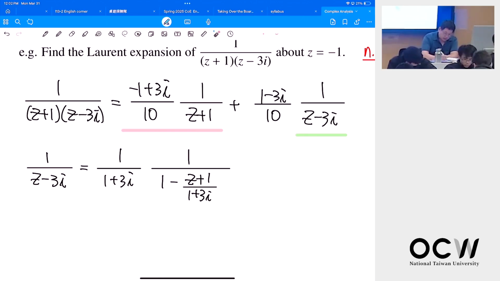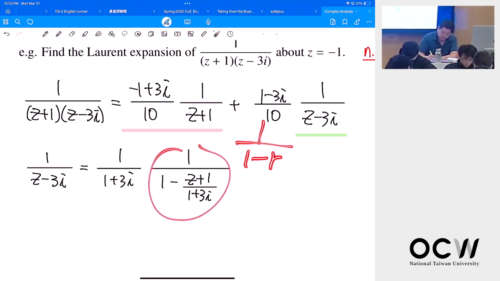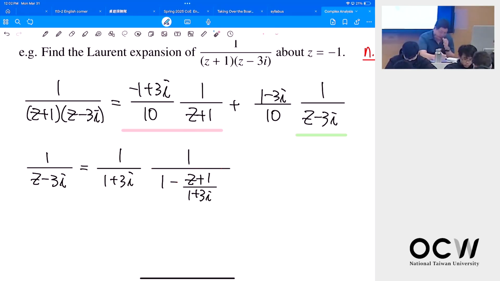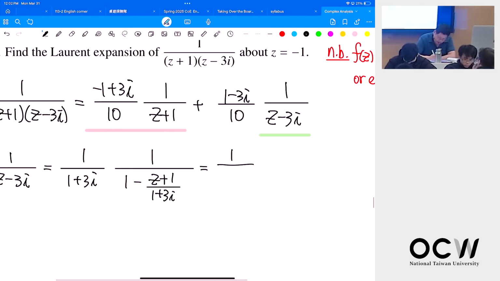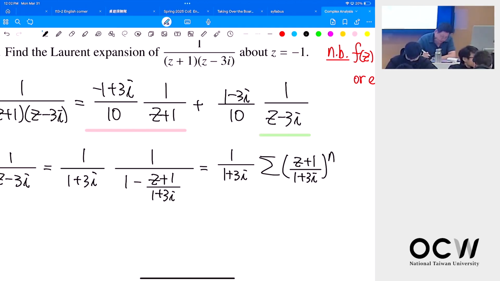Then this is 1 over 1 minus R. And we need to make sure that this ratio should be less than 1. Then we can have the summation of Z plus 1 divided by 1 plus 3I to the n, where n is from 0 to infinity.